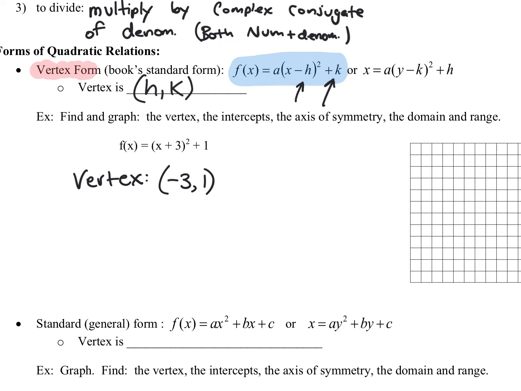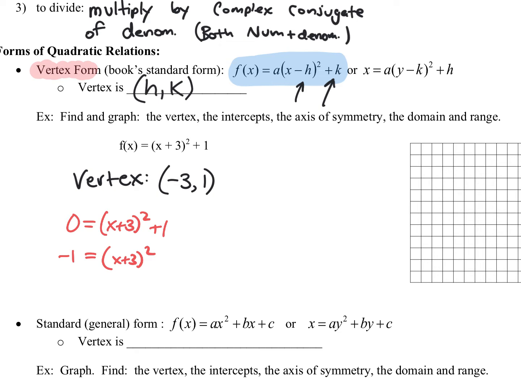The intercepts will occur when the quantity equals 0. So if I said 0 equals (x plus 3) squared plus 1, I would have -1 equals (x plus 3) squared. Now, while we just talked about taking the square root of a negative number, creating an imaginary number, when we graph, we are basically graphing real numbers.